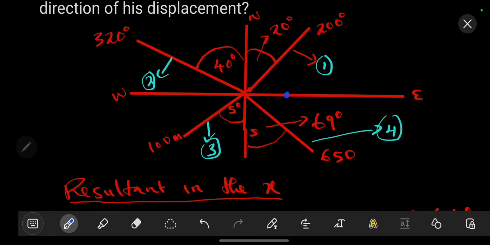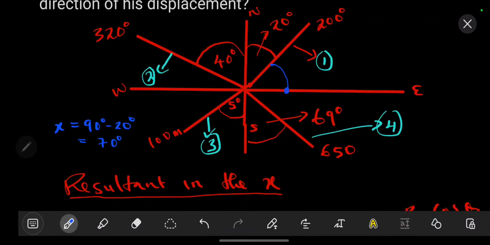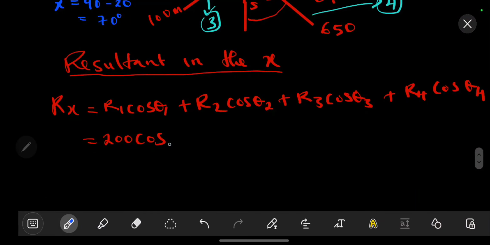From the positive x-axis, it's from here up to here. If all of this is 90, to find this angle, let's say I name this angle as my x, I can say x should be equal to 90 degrees minus 20 degrees, which will give me 70 degrees.